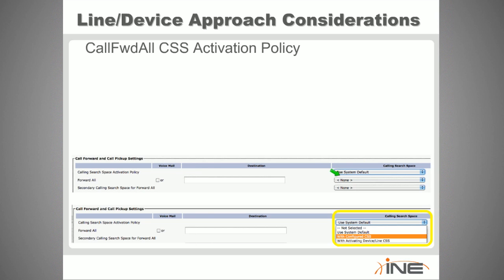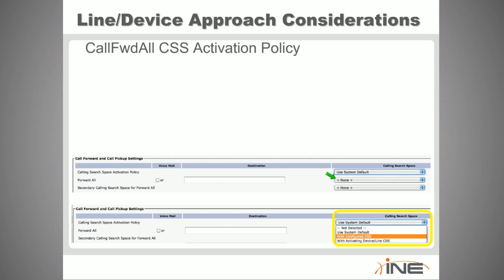Then as they fill in digits, if a pattern or DN doesn't match, based on not being found in a partition within your calling search space already pre-configured on your call forward all line page for CSS, then you'll actually get reorder tone as you're putting in your call forward all destination on your actual physical phone. So that's a good idea to limit call forward all to begin with.